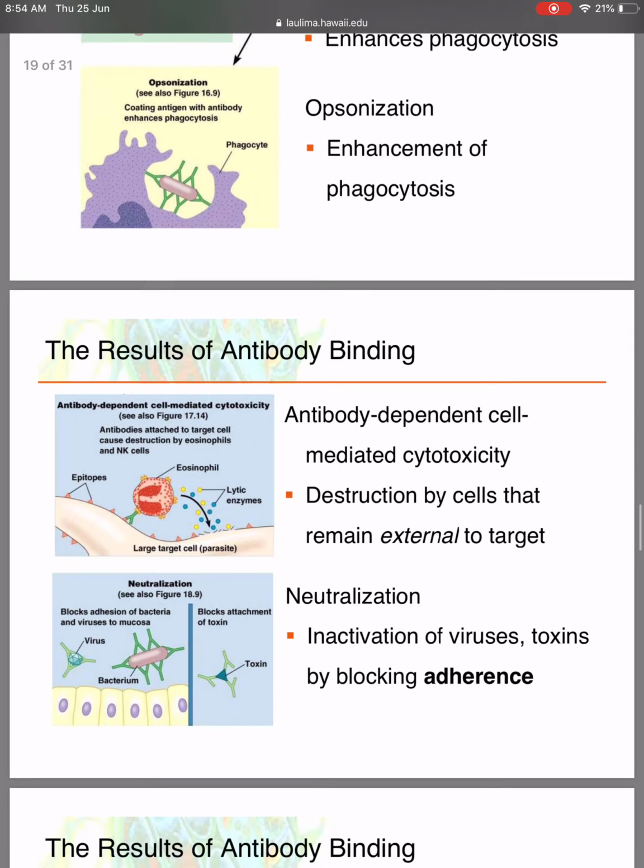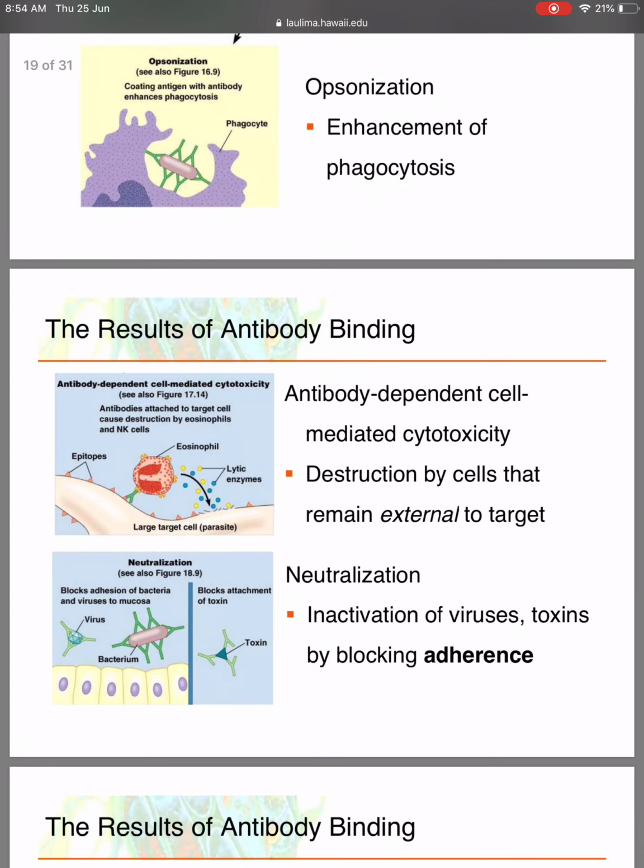Next, you can see antibody dependent cell mediated cytotoxicity. That is the destruction of a cell that remains external to the effector. For example, if there is a parasitic cell that is attracted by the green colored antigen, we can see there is an eosinophil, the effector cell, which has an Fc receptor.